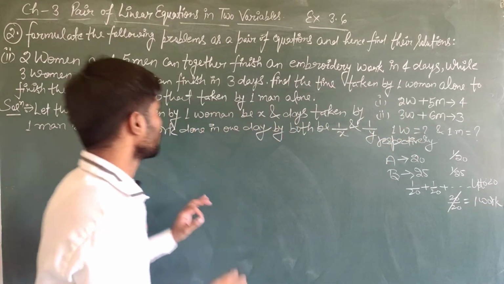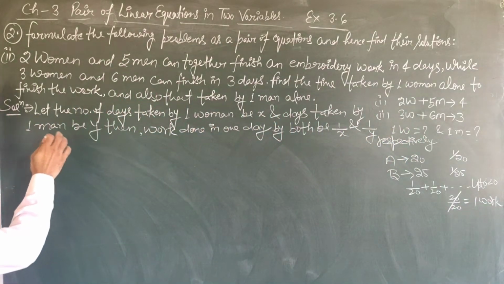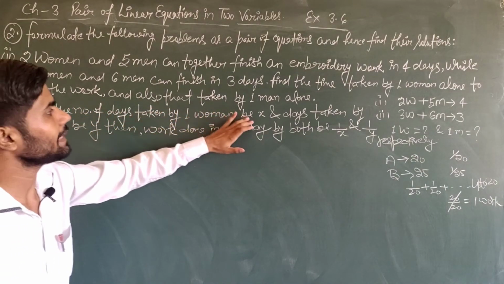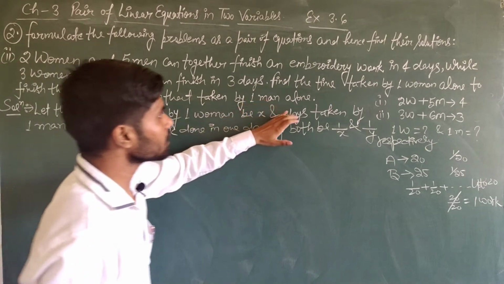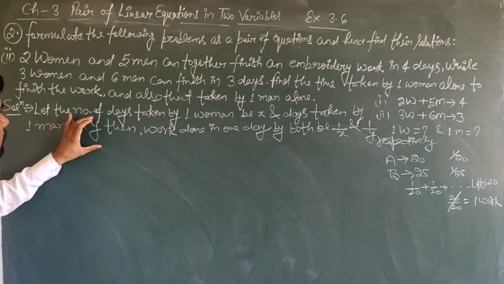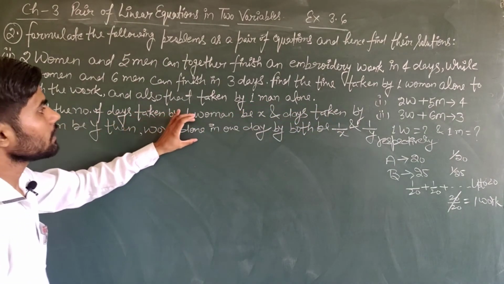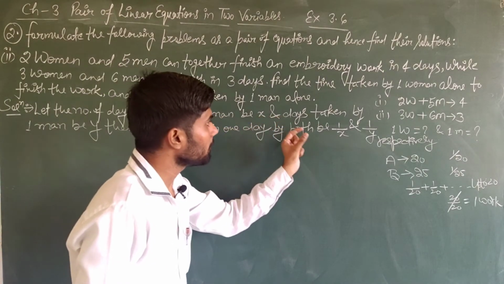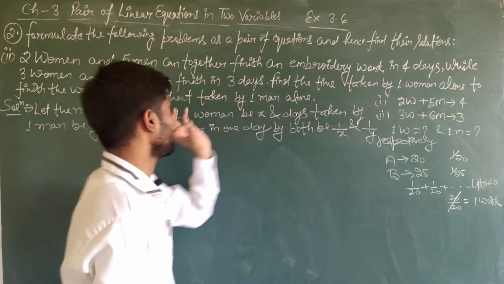Okay, now we repeat again. Let the number of days taken by one woman be x and days taken by one man be y, then work done in one day by both be 1 upon x and 1 upon y.